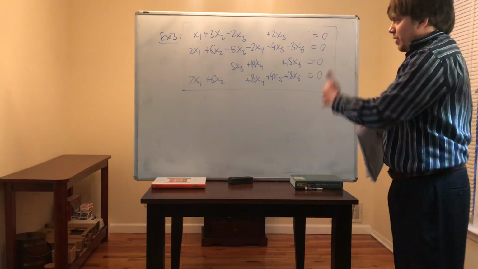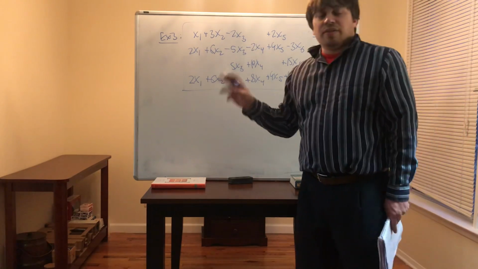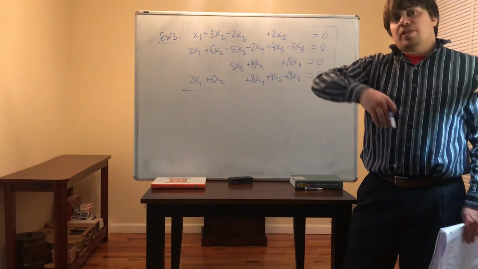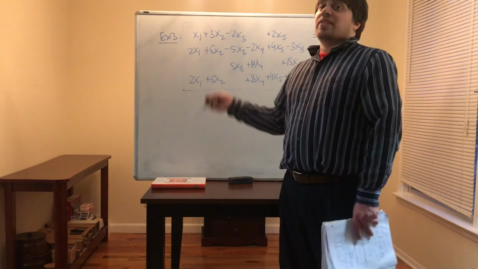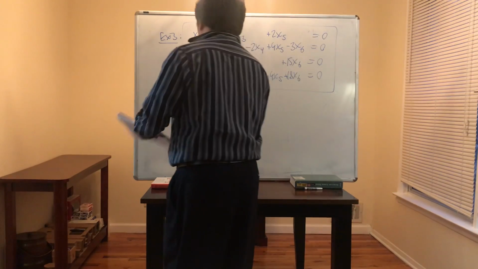Okay, so you have this linear system, and if you find its corresponding augmented matrix, get it to reduced echelon form, and find the general solution of this linear system, that way you get the solution space.